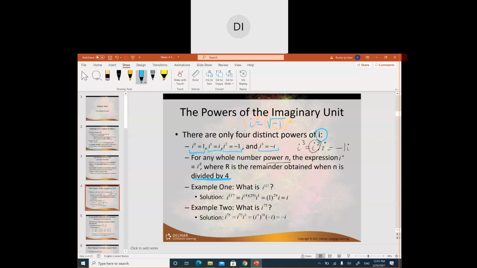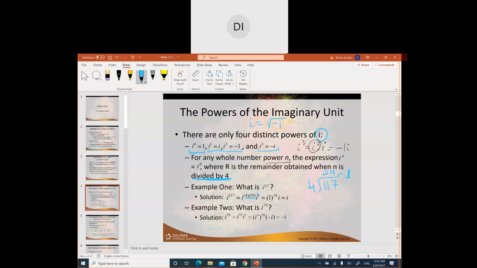You divide 117 by 4, which is 29 with remainder 1. So you represent 117 as 4 times 29 plus 1. You multiply these two numbers and add the 1 because 1 is the remainder.